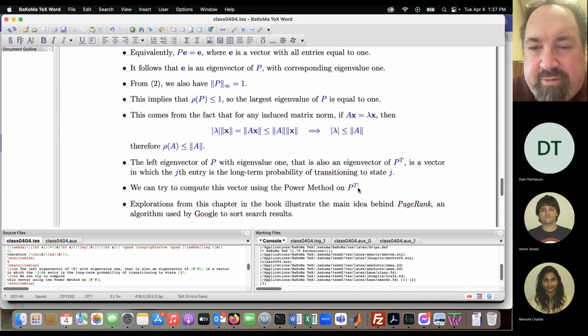One of my fellow Stanford students, back when I was there, had asked me about the power method, and so I helped him with that. And then he ended up starting a company that made use of Google search results.